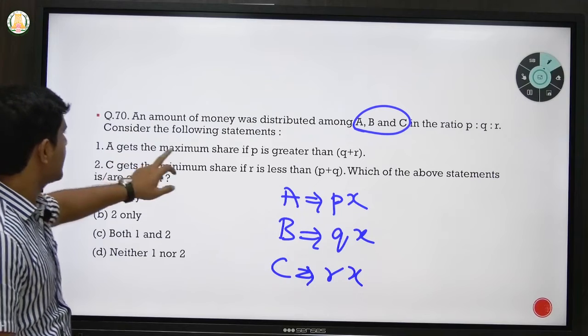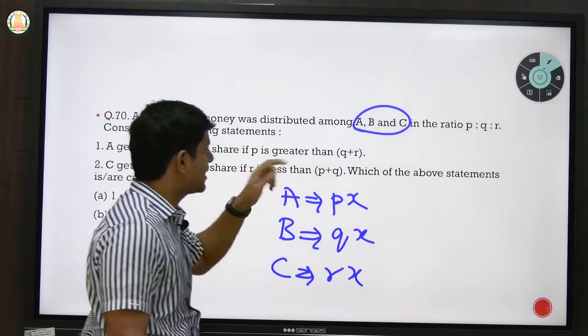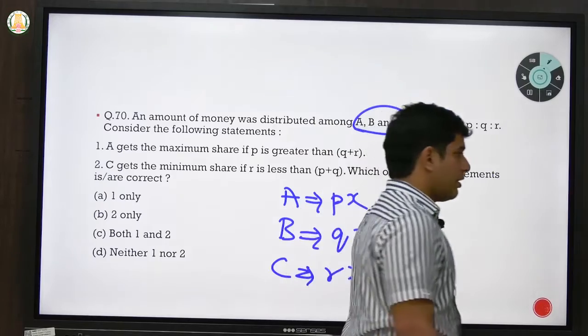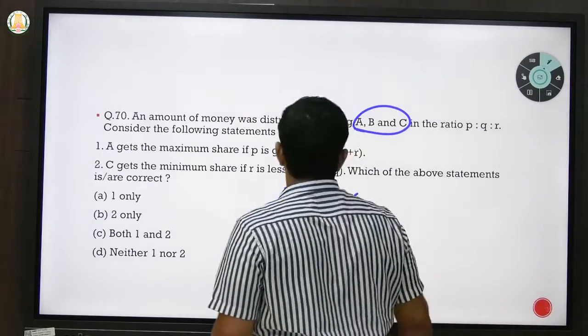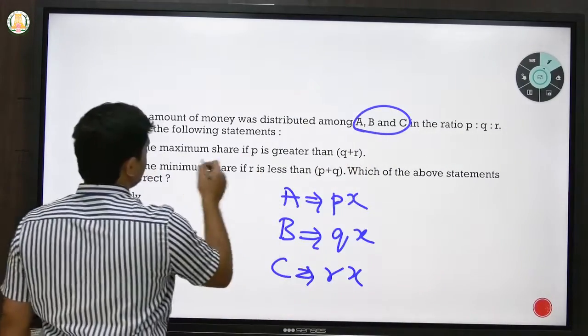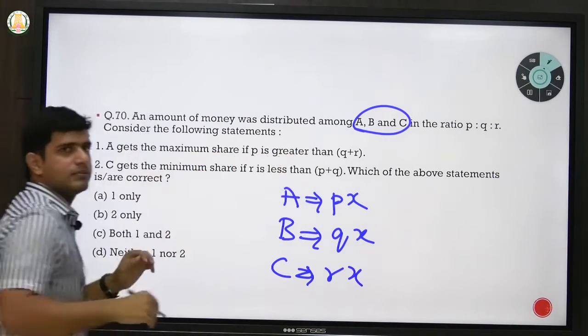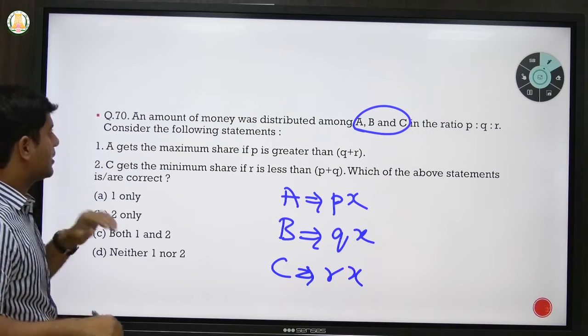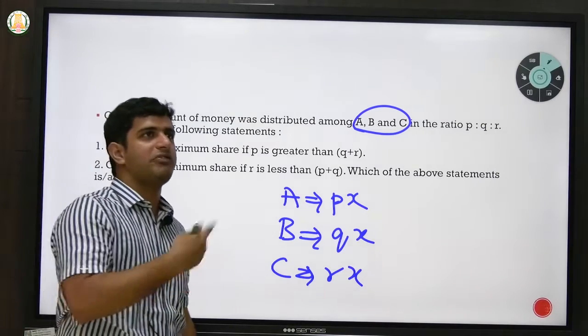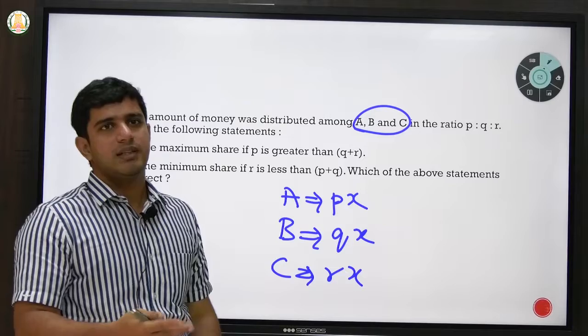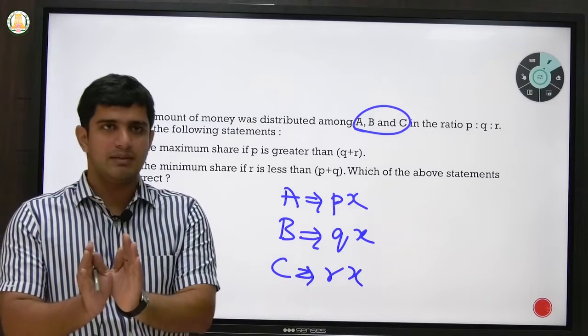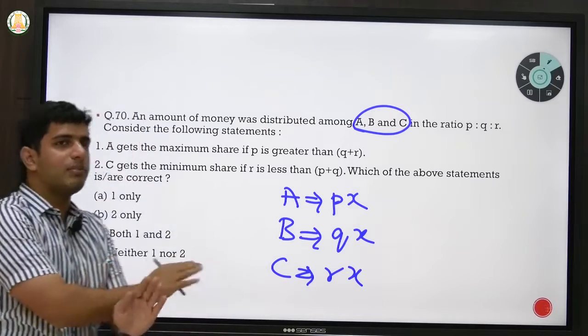Now, what is it saying? A gets the maximum share if P is greater than Q plus R. So, whenever such statements come, this is the condition, if this is there. That is like, I am great if I get 100 marks in maths. That means first I have to get 100 marks in maths, only then I will be great.